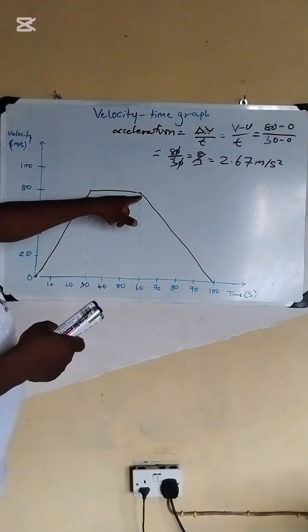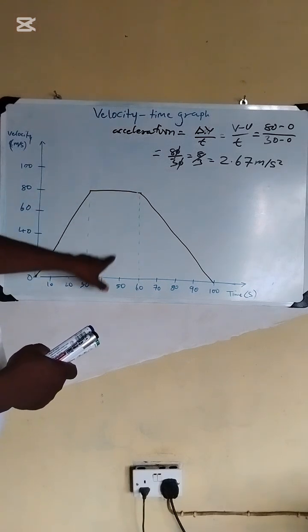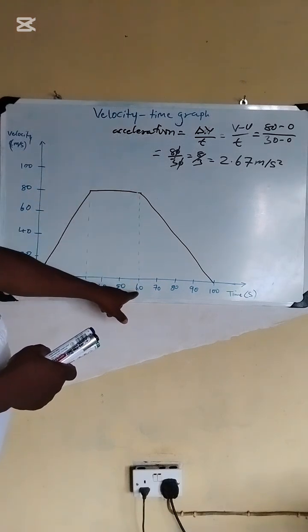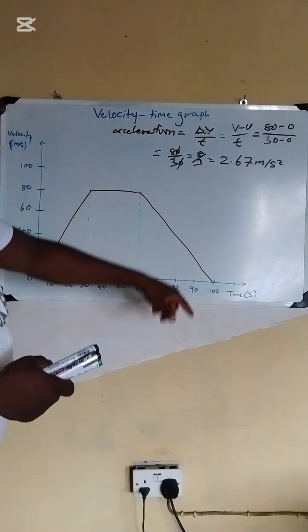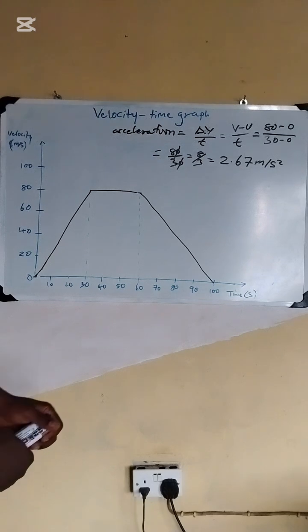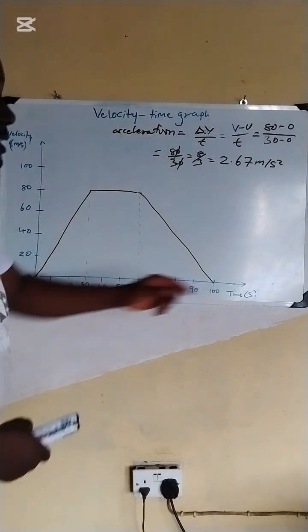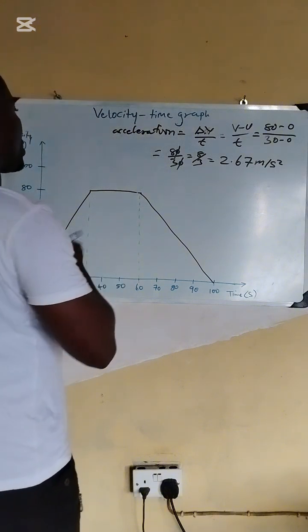Now we are talking of deceleration, the time it takes the car to return to rest. Since the car attains the maximum velocity here and maintains that same velocity for the next 30 seconds, and the car now decides to return to rest, the time it takes the car to come back to rest is 40 seconds. So here we are talking about retardation.